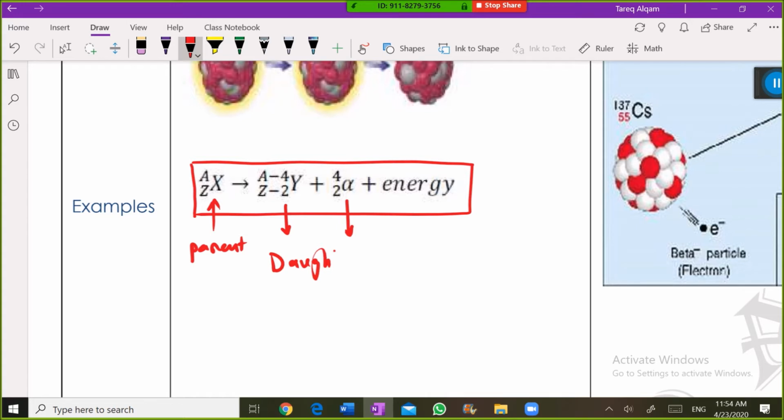Z is decreased by 2, and the mass number is decreased by 4, right? Because in the end, the mass number and atomic number before must be equivalent to the mass number and atomic number after, right? Any question about that? So alpha decay, of course, is like this.